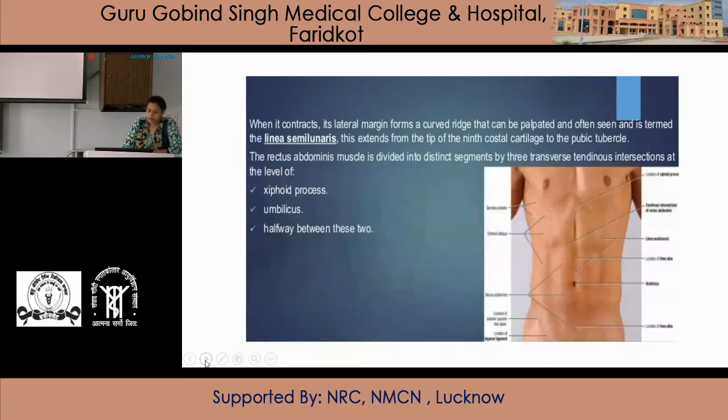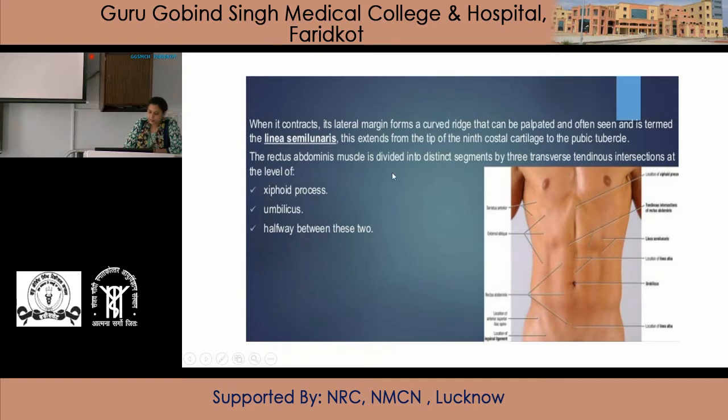The lateral margin of the rectus abdominis forms a curved ridge that can be palpated and often seen, termed the linea semilunaris. So medially there is the linea alba and laterally there is the linea semilunaris. This extends from the tip of the 9th costal cartilage to the pubic tubercle.